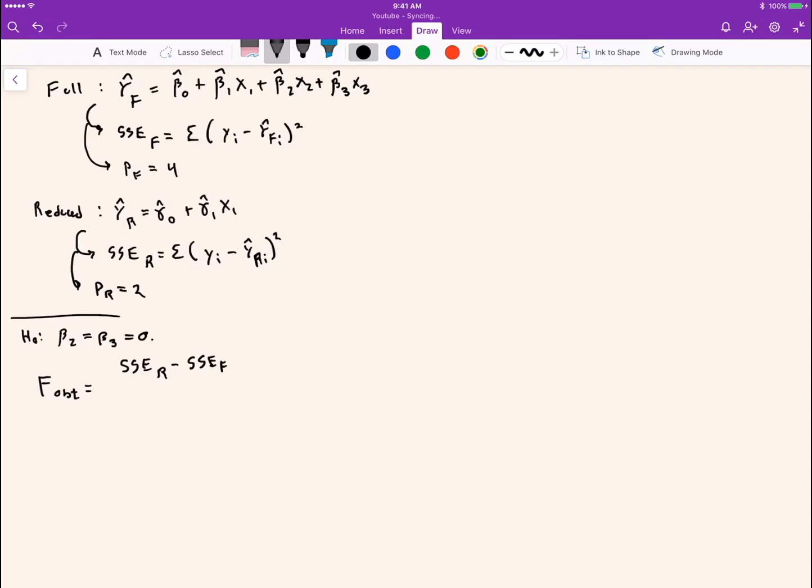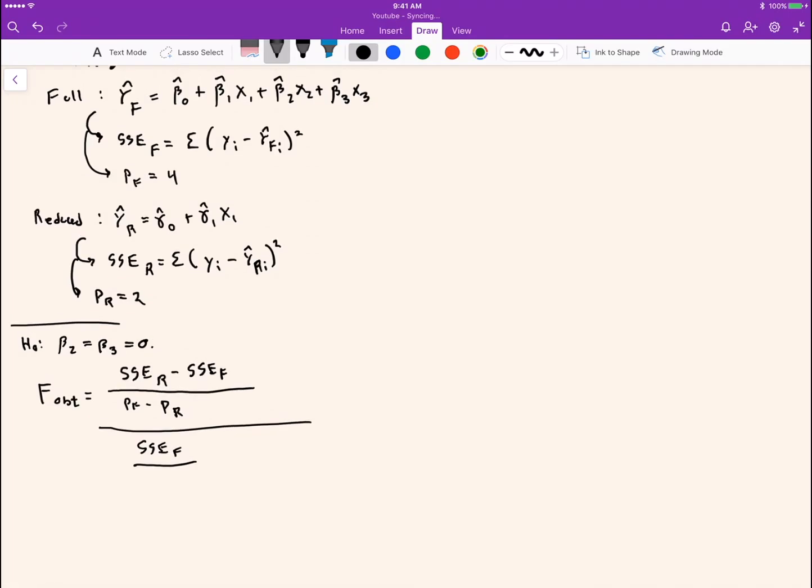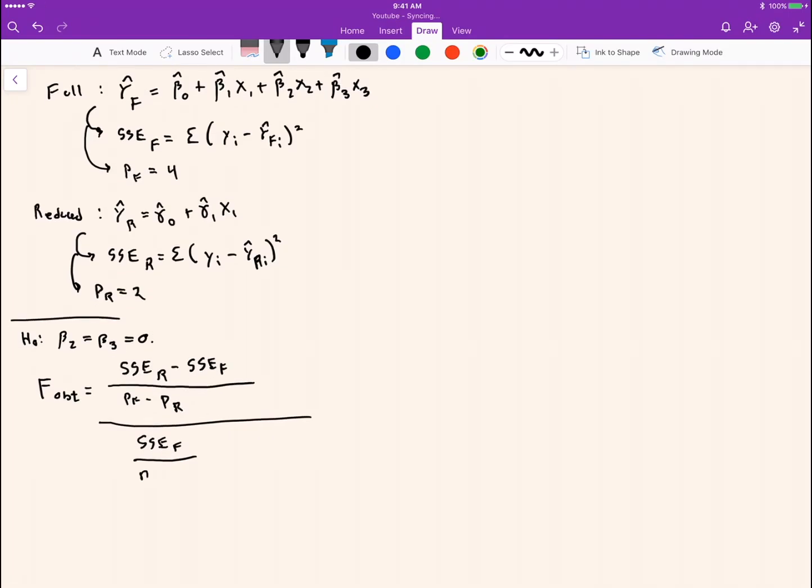So we're looking at how much the sum squared error is reduced by adding those 2 parameters, relative to the number of additional parameters that we're adding to the model, which would be PF minus PR, the difference in the number of parameters, over the sum squared error from the full model relative to the degrees of freedom of that model, which are the number of observations minus the number of parameters in that model.